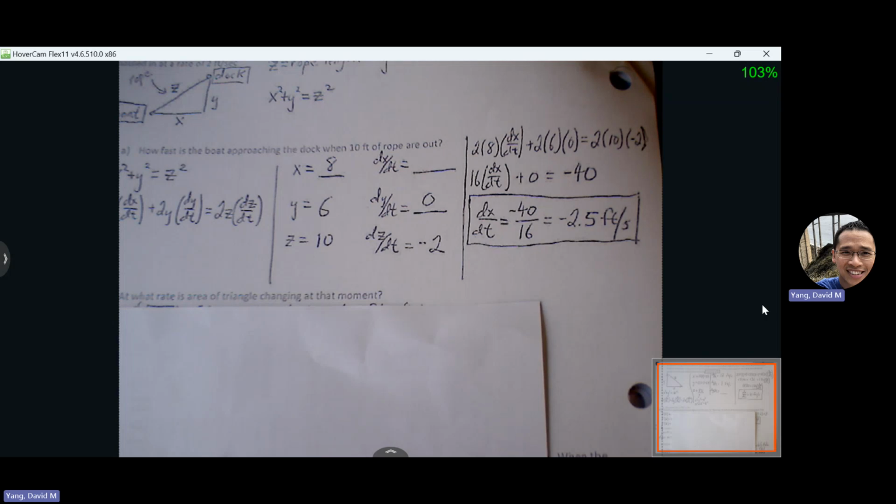It makes sense that we're getting a negative value for dx dt because as the rope is pulling the boat closer towards the dock, we expect that horizontal x to be decreasing as well. So dx dt should show up as a negative, and it does.